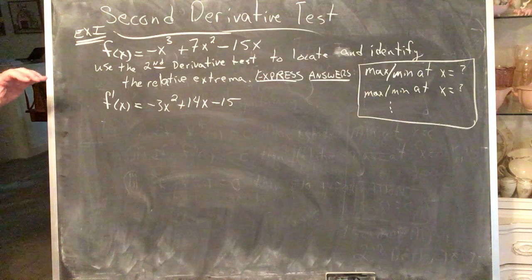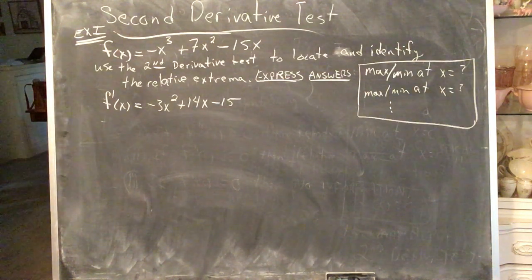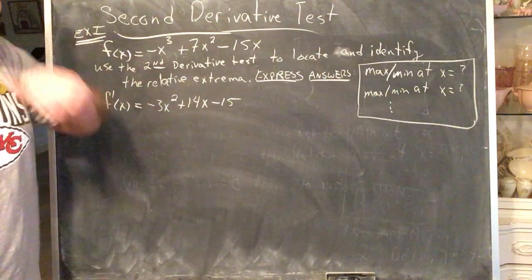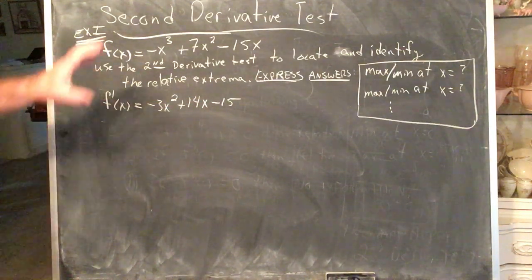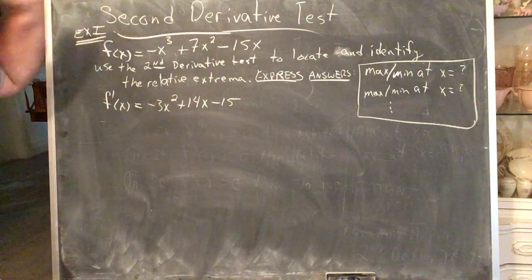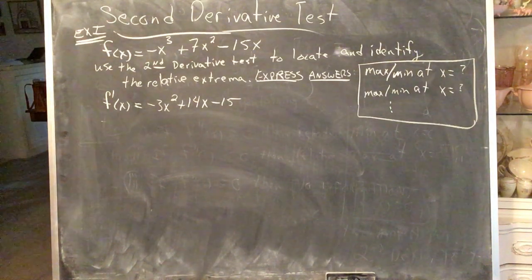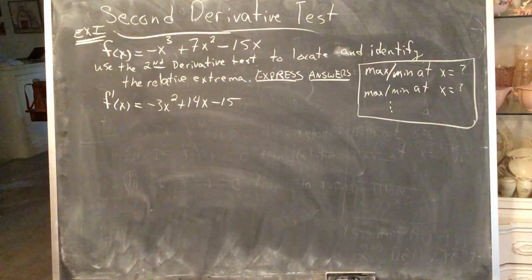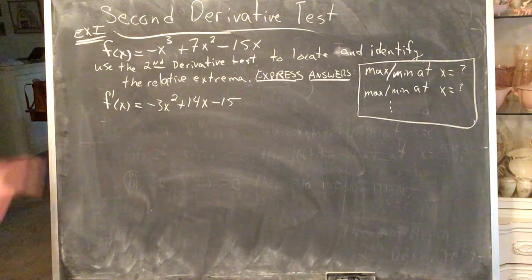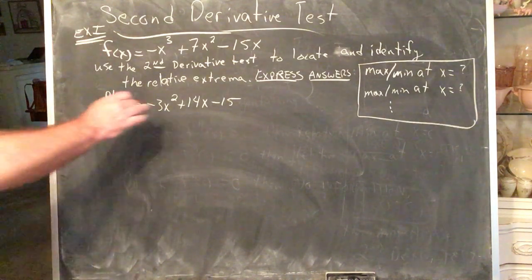Remember that there are no type 2 critical values because this is a polynomial, and even if you had type 2 critical values, you could not use the second derivative. You're not allowed to use the second derivative test to analyze type 2 critical values. But all we have are type 1, so we're good to go here.